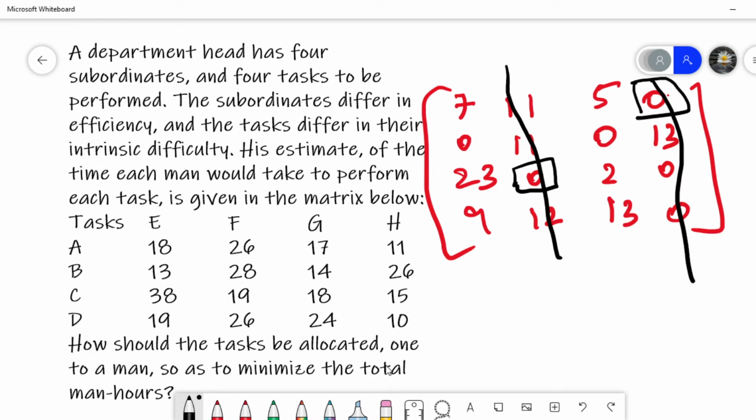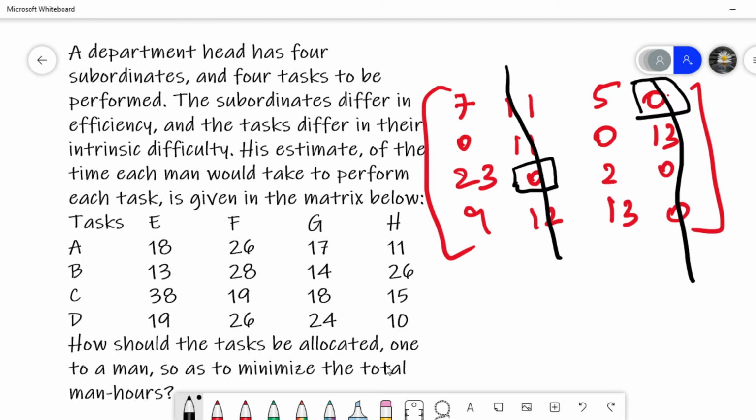In the fourth row, there are no zeros. Then I check whether all the zeros are covered or not. We have two zeros remaining, so we are going to do the column scanning.